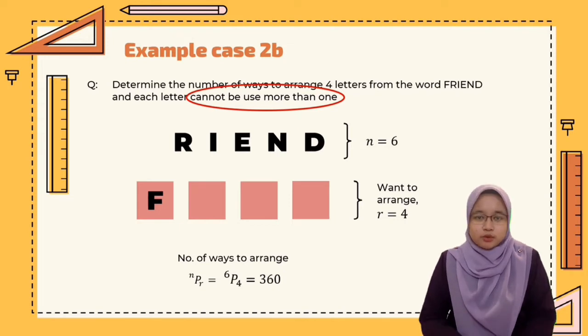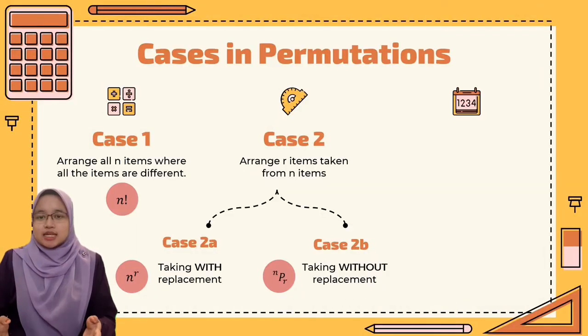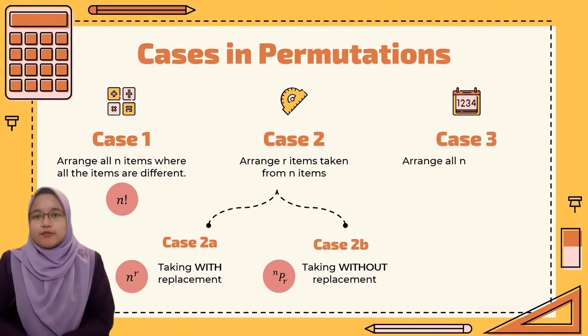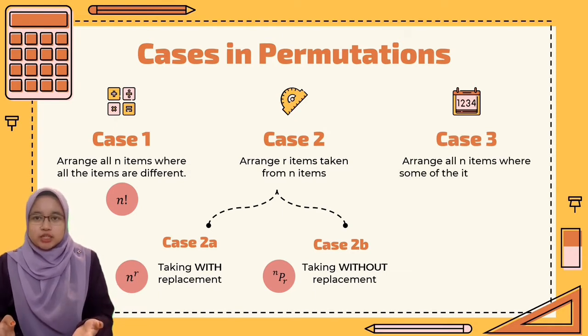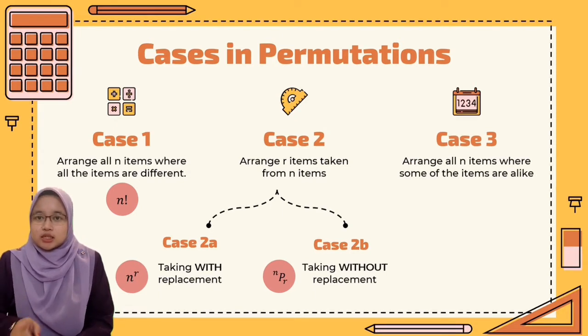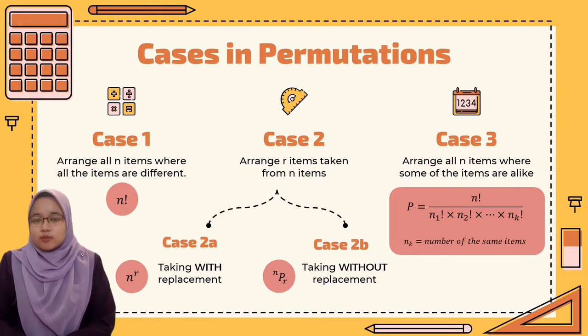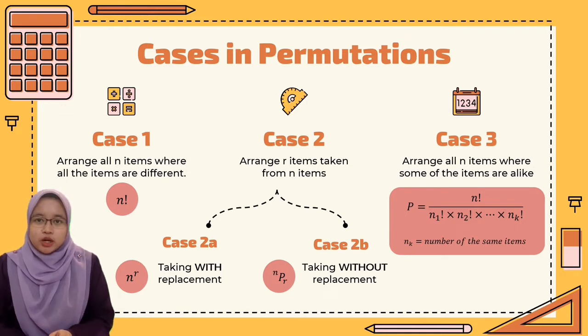Lastly is case number 3, where we have n items and we want to arrange all the items, but some of the items are alike. The number of ways to arrange this is given by n factorial divided by n1 factorial times n2 factorial times until nk factorial.